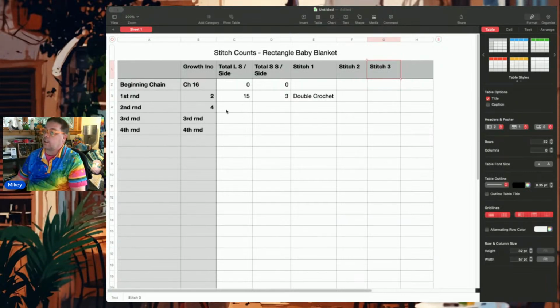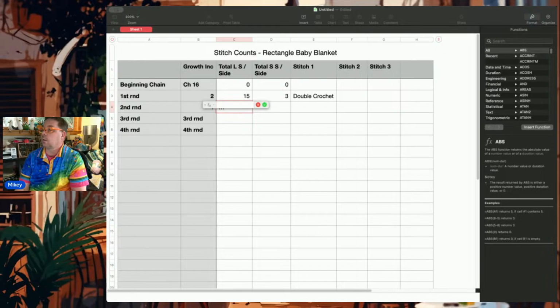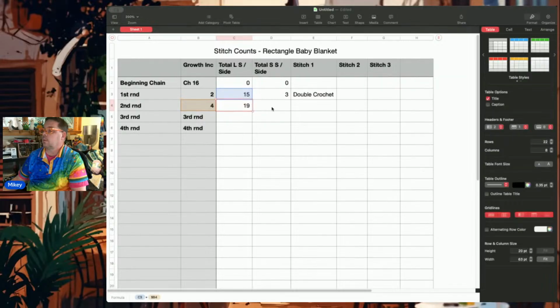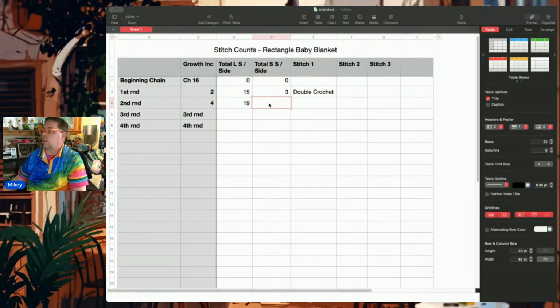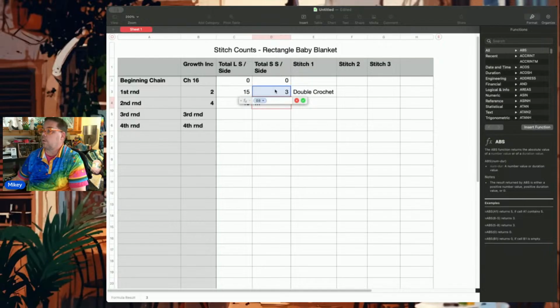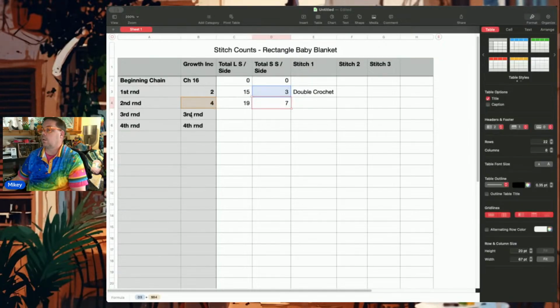Okay, so we're going to get the total stitch count. For the second one, we need to start doing mathematics, right? So it equals the last one plus this one. And then this one equals that one plus the growth. Now we're going to copy these all the way down.